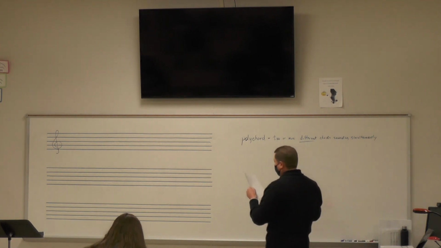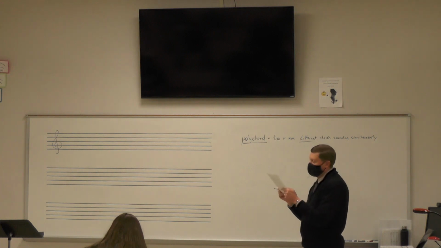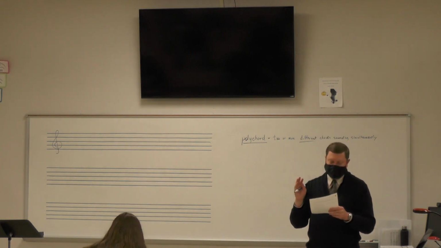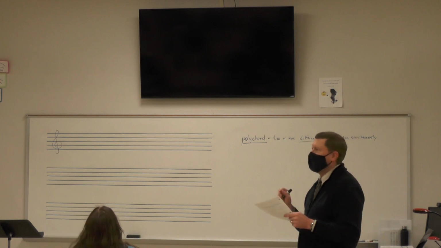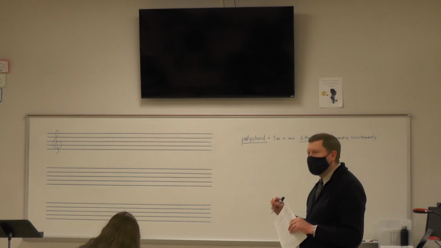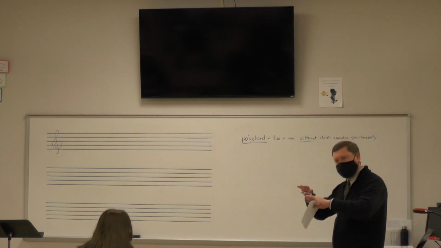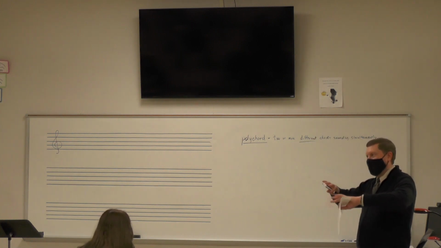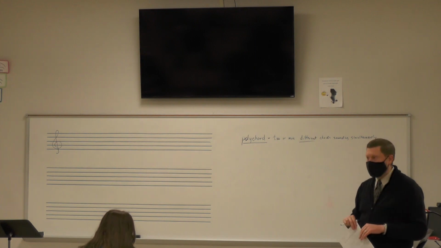So a polychord consists of two or more different chords sounded simultaneously. And with a polychord, the different harmonies should be clearly perceivable as discrete or distinct chords. If you've got a mass of notes and you can't really separate the mass of notes into two separate, clearly distinct chords, you're probably not looking at a polychord.